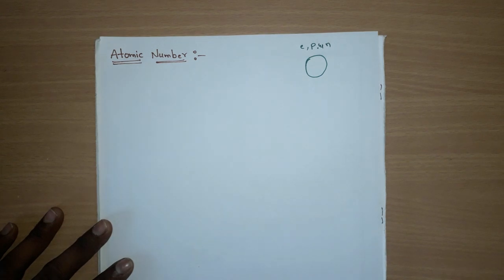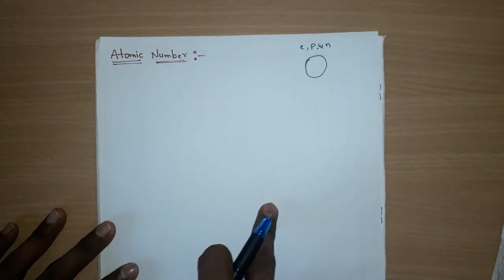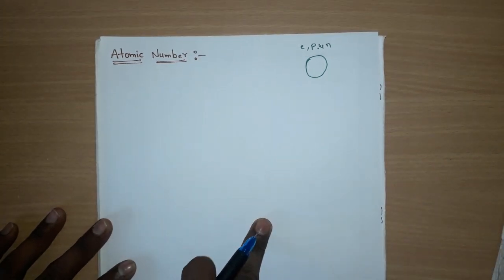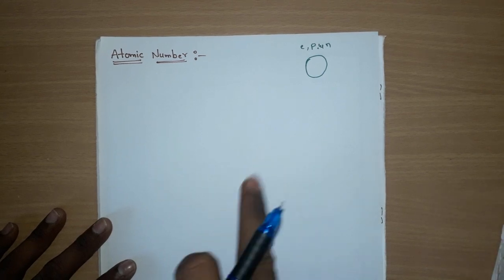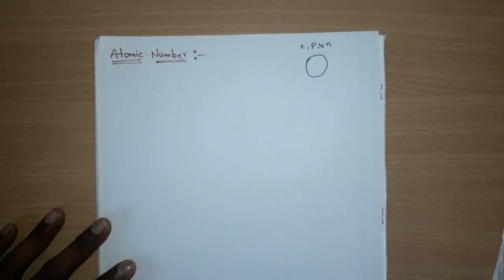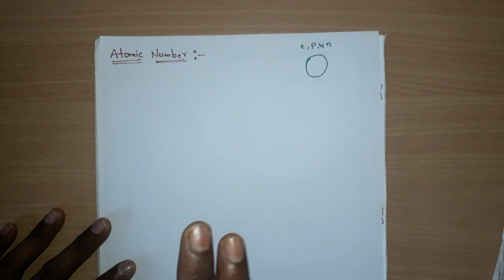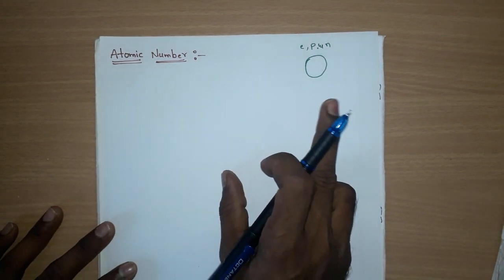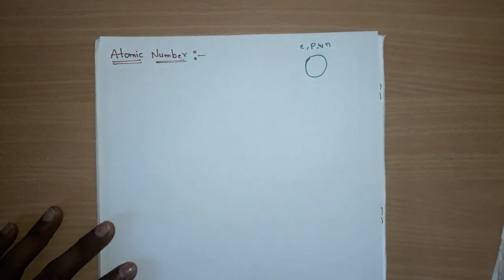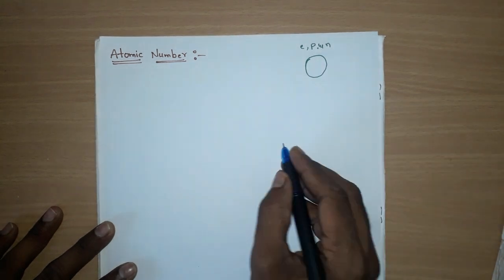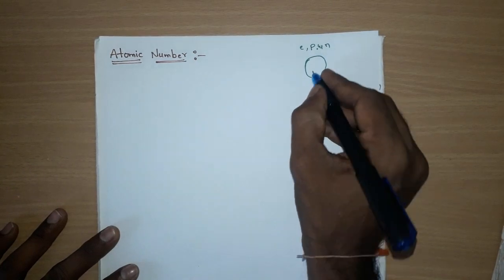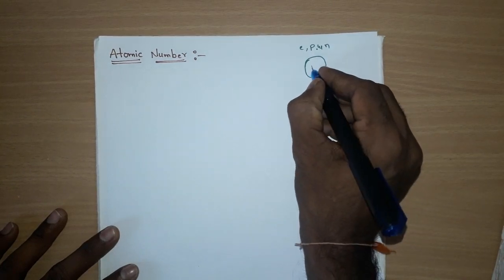The presence of positive charge on the nucleus is due to the protons in the nucleus. Protons and neutrons are present inside the nucleus.